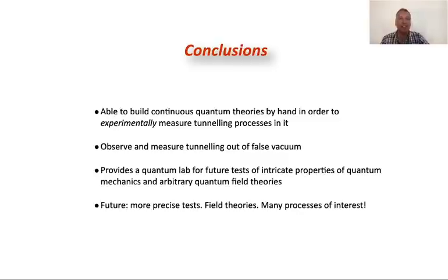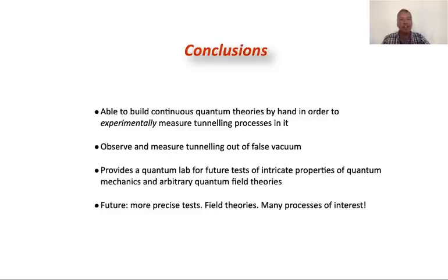So to conclude, we feel like we're at the start of a long journey into looking at these things. It looks possible to build quantum theories by hand. Essentially, any potential that you want to put onto the annealer, you can put it on and experimentally measure what happens to it: measure the wave function, the time dependence of the wave function.